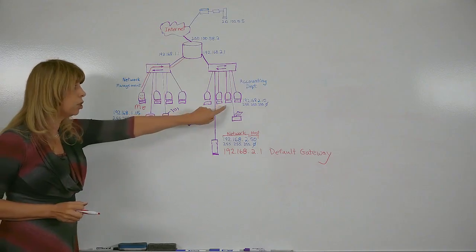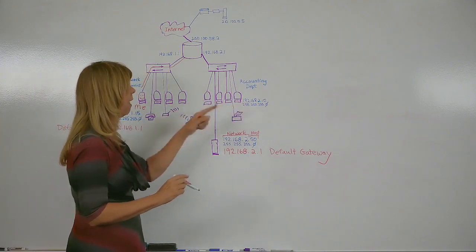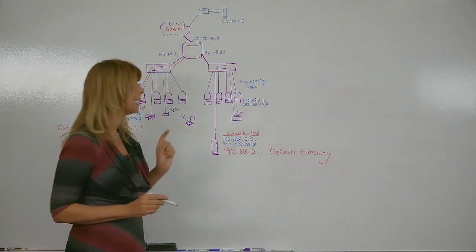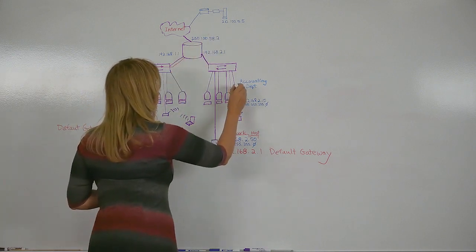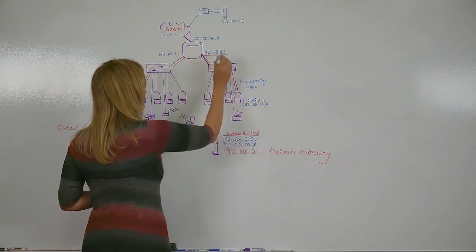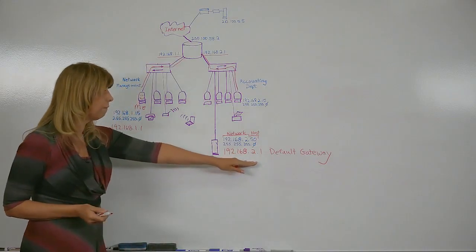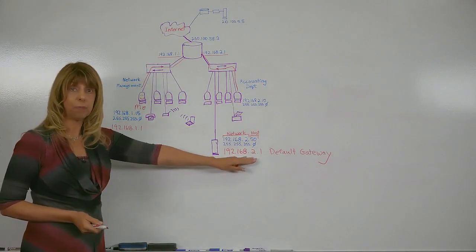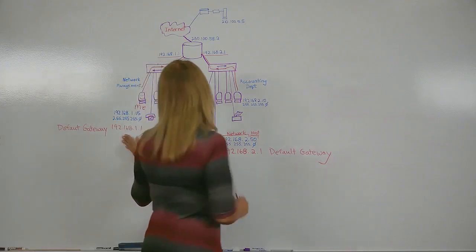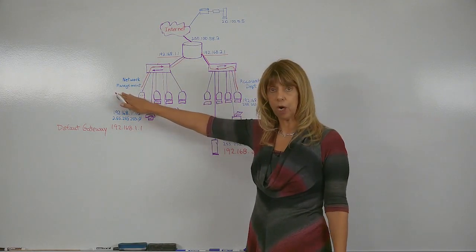Now, if we go to a different host, for example this one in the accounting department, and they were trying to reach the exact same server, their traffic would travel through their switch, but they would enter the router at a different router interface. So the default gateway configured on hosts in the accounting department is different than my default gateway configured in my network management department.